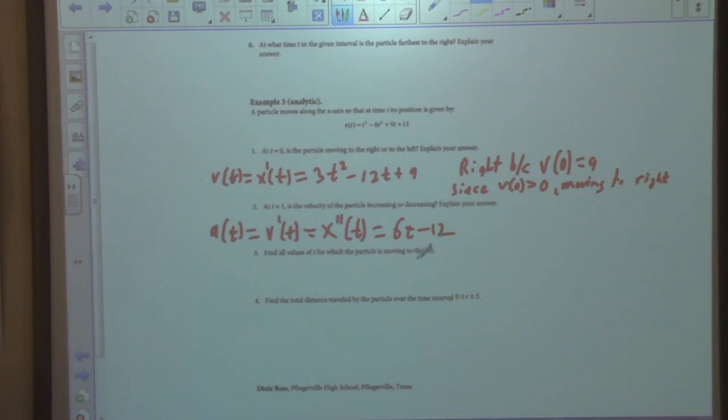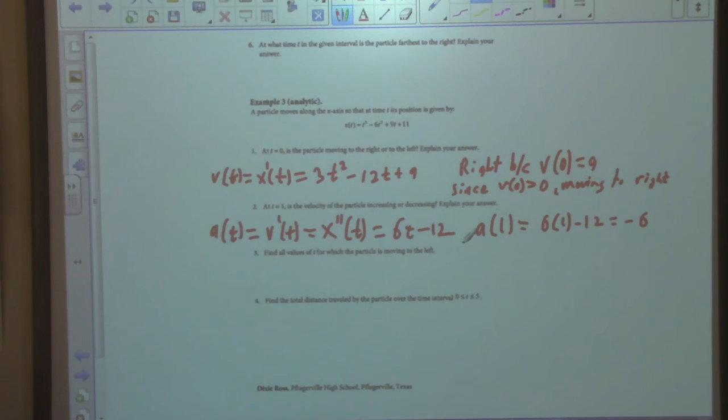It would decrease. Okay, a of 1 is equal to 6 times 1 minus 12, which equals negative 6.